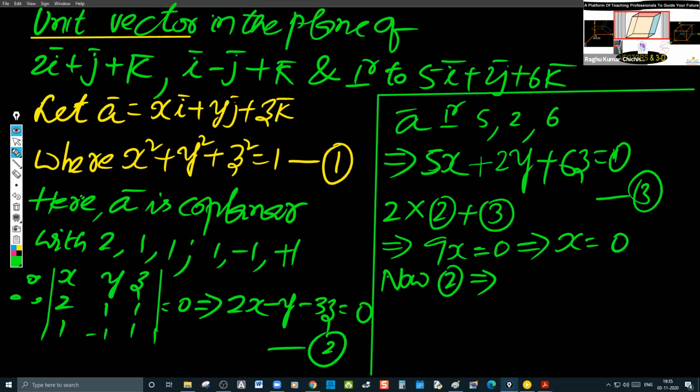Put x is 0 here, y is equal to minus 3z. So this is 4, this is 5. Take 4 and 5 in equation 1.